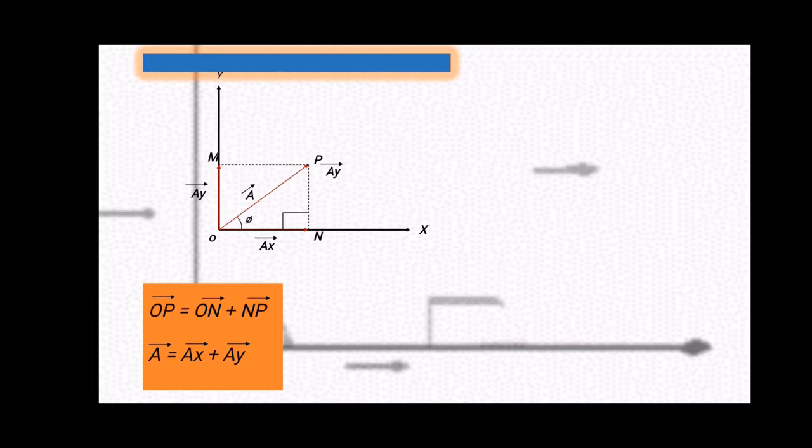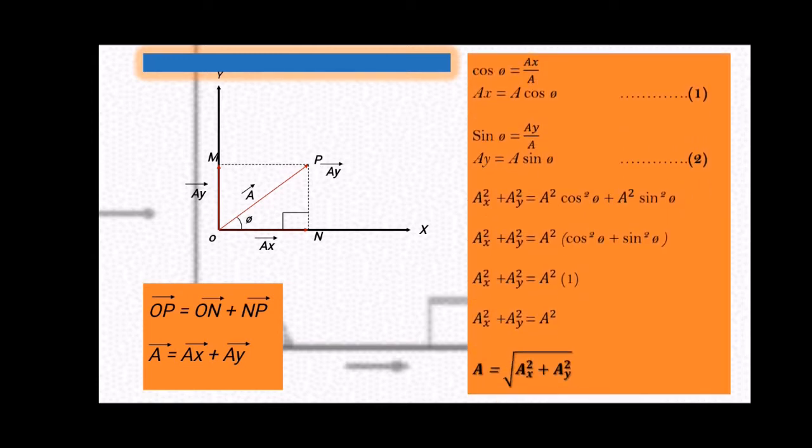Then from triangle OPN, we will find the value of cosine theta and sine theta. So we have cosine theta is equal to A sub x over A.